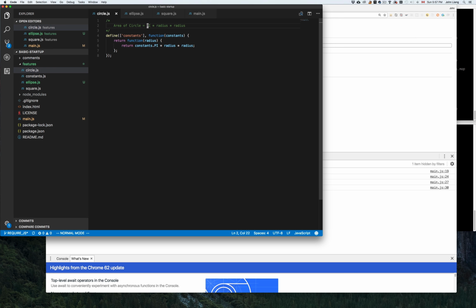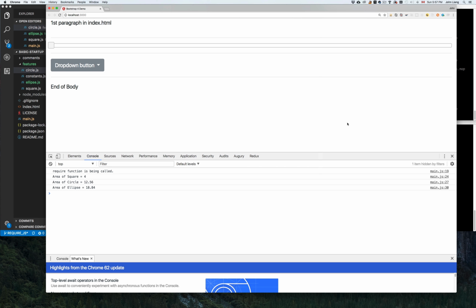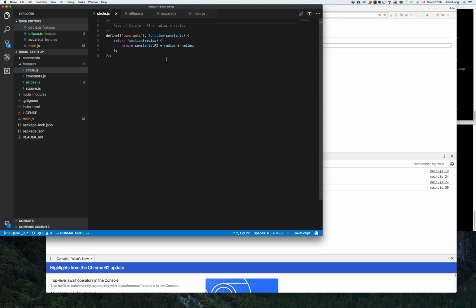Okay, so in here, let's remember that it is 12.56 with the original formula. So let's make the change right here. It's equal to, well, it's the same thing there, but this time we need the ellipse. Okay. And let's use ellipse as well.